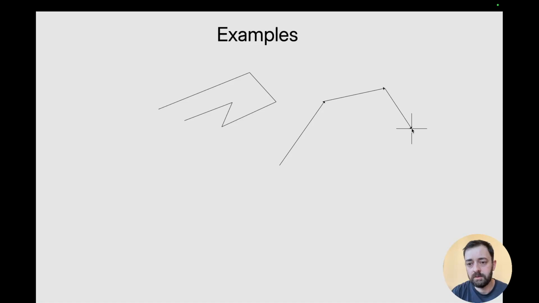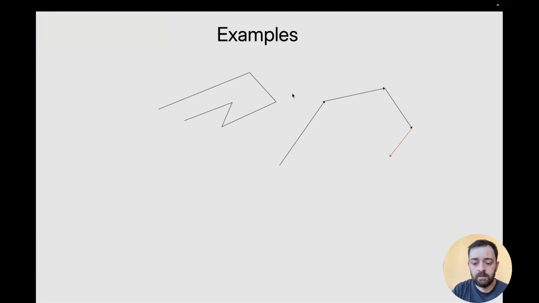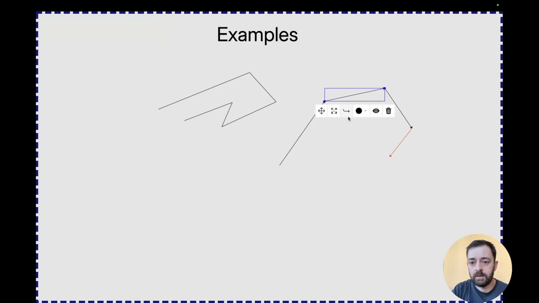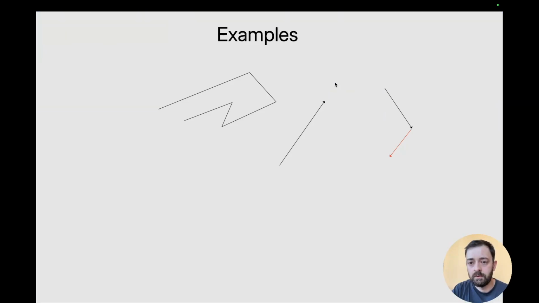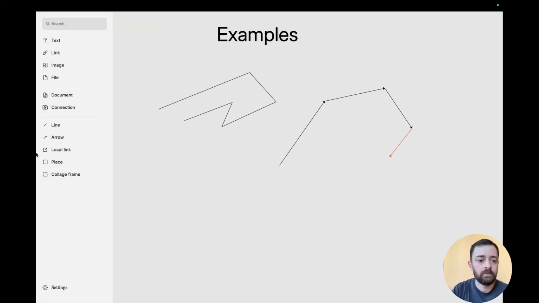Create arrows like this. Now I can select some arrow and change its color, for example. Arrows can be made invisible, as I showed before. Okay, so these are arrows.